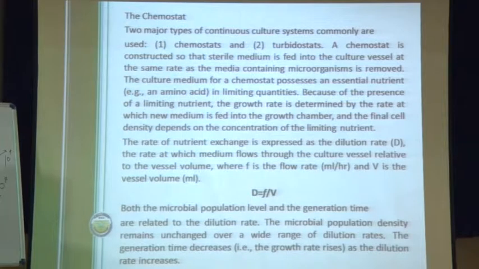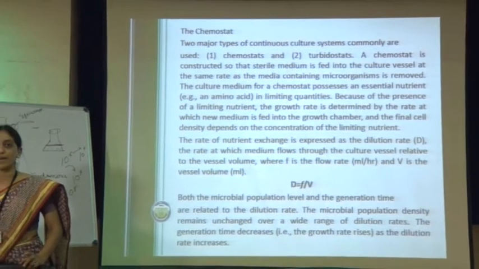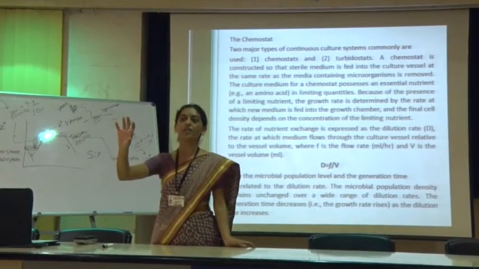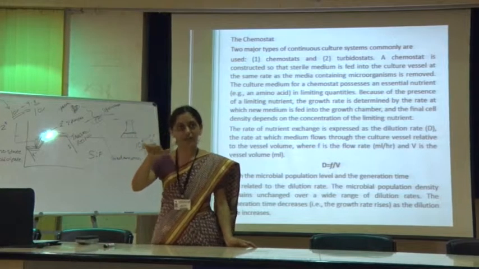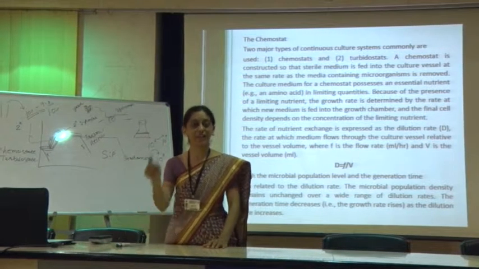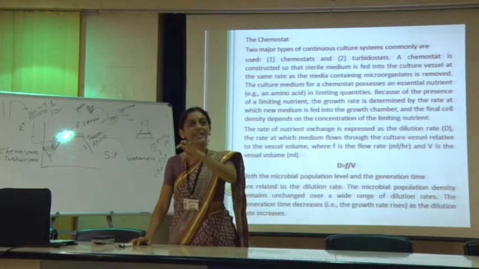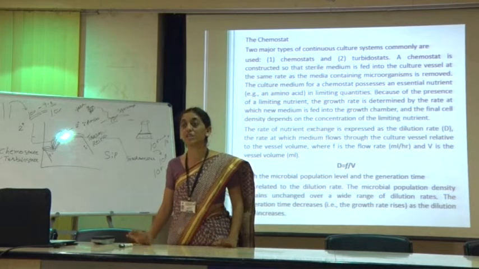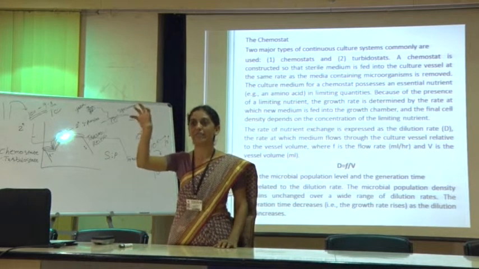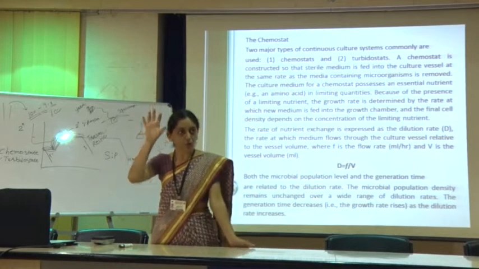Now for continuous culturing, keep one thing in your mind: what is continuous culture? In continuous cultivation, what we are doing is keeping the same phase, a prolonged phase, so there is no death phase in continuous cultivation. You are continuously adding fresh media to keep one phase constant.